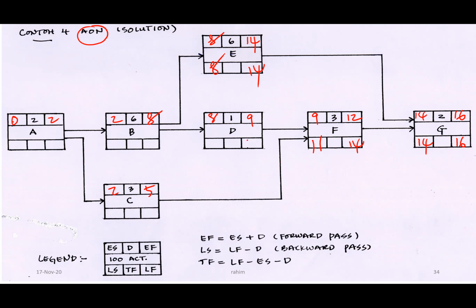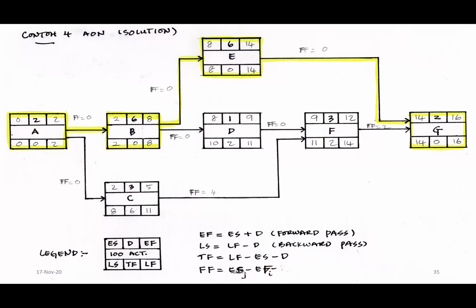And then 11 will be here, 11 will be here also. 11 minus 1 equals 10. 11 minus 3 equals 8. Then for B, it will be 8 or 10, equals 8. 8 minus 6 equals 2. And then between 2 and 8, 2 will be here. 2 minus 2 equals 0. So that's how you basically calculate the values.